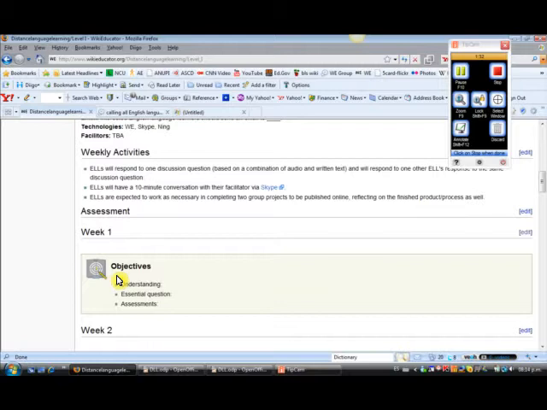So again, the idea here with each level is basically coming up with understandings, essential questions, assessments that are used to drive communication. Here also in each module will be links to different projects that the learners are participating in.